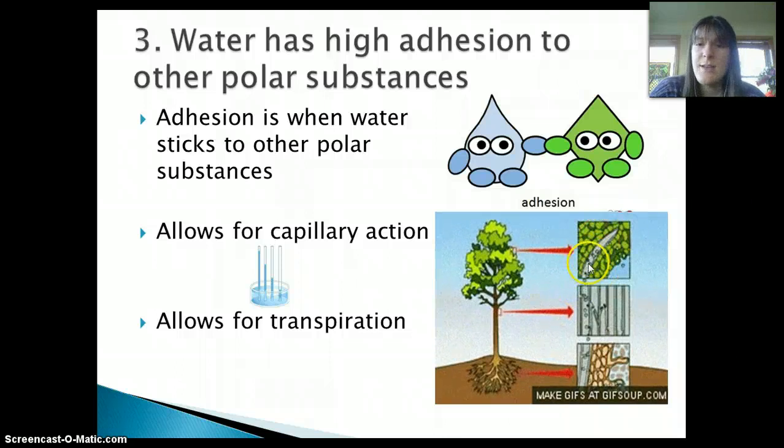And because it also has adhesion, it's going to stick to the outside of these little tubes, allowing capillary action to occur. That occurs all the way through the tree, from the leaves down into the xylem in the center of the tree, all the way down into the roots. That allows water to go all the way up into the top of the tree. Just one reason why adhesion is super awesome.